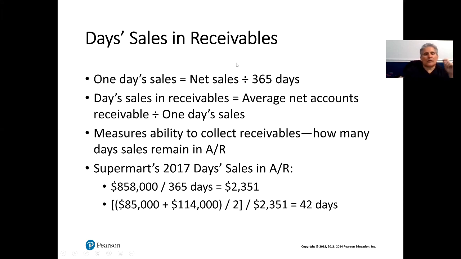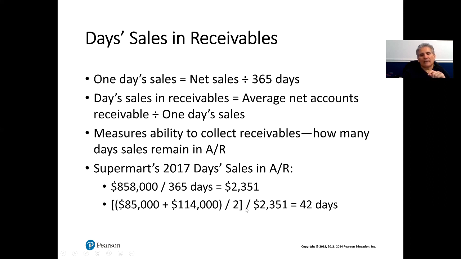So we can go ahead and just look at this. 858,000 divided by 365 days gives us $2,351. That's how many sales we have per day on average. And then we'll take our average accounts receivable, which we've already computed. We'll take 85,000 plus 114,000, add it together, divided by 2. So this gives us the average amount of accounts receivable.